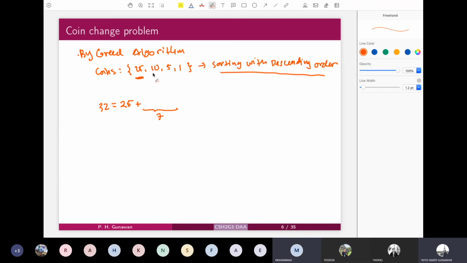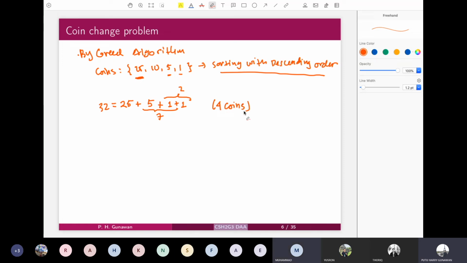Then you need 2 more, but 2 is also not available, and the nearest one is 1, so you add 1 plus 1. Then you will find it is 4 coins.